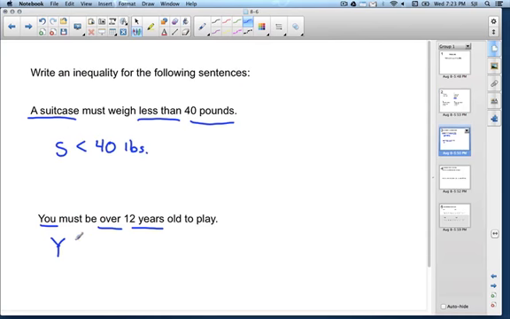So I'm going to use the greater than sign, and then I'm going to do 12 years. And here we have it, that the person has to be greater than or older than or have lived more than 12 years. So we've translated these sentences. We underline the important words, we go to our chart, and we translate them.